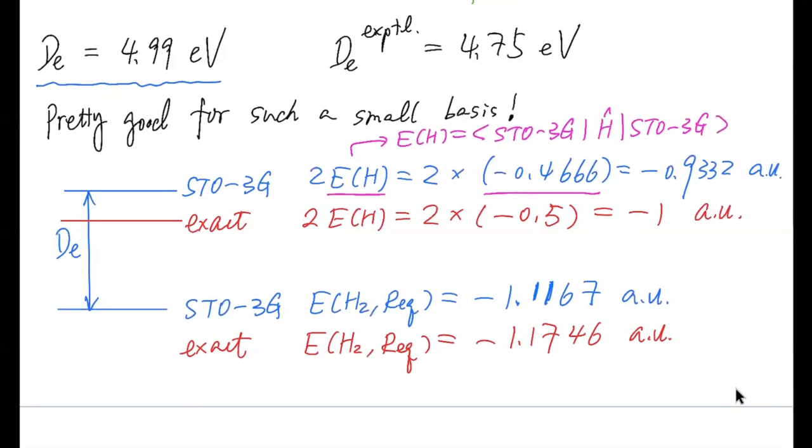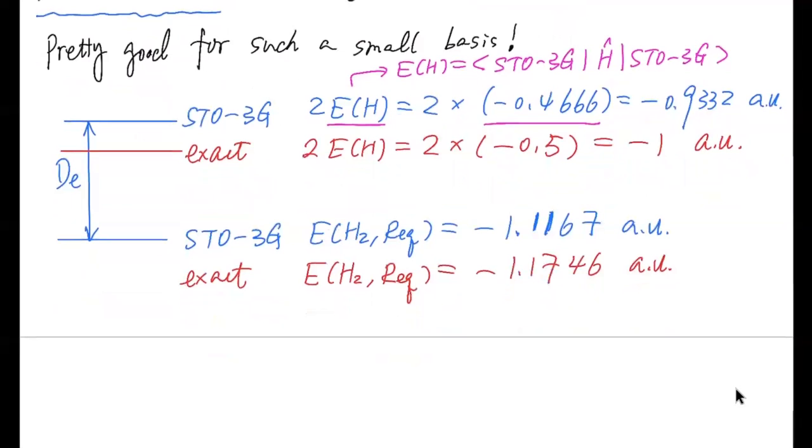One way is to use the information from experiment, if you assume the experiment has no error. For the hydrogen molecule, the experimental value is highly reliable, okay? And then you can estimate the exact answer for the hydrogen molecule at the equilibrium distance as basically 2 times the exact answer of the hydrogen atom, which we know quantum mechanically, negative 0.5 atomic unit, minus the experimental dissociation energy for the hydrogen molecule.